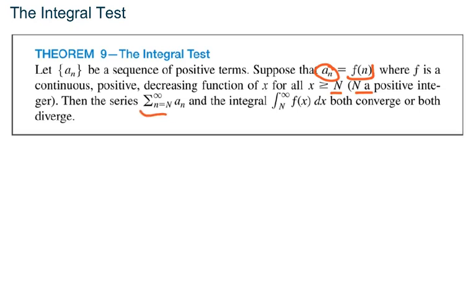So the series, the sum starting from that integer N to infinity, and the integral from that integer N to infinity of the function of x, as opposed to the nth term, are either going to both converge or both diverge.